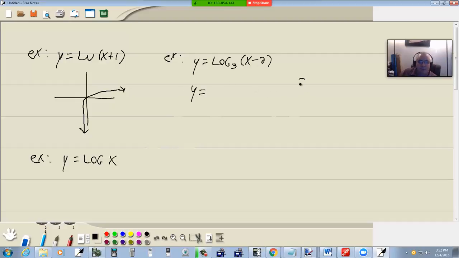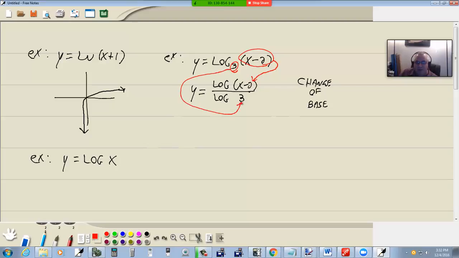What we have to use before we can plug it in our calculator is something called the change of base. And that means we're going to rewrite this as log of something over log of something. And I'll put the x minus 2 up on top, and I'll put the 3 down below. The way it always works is whatever follows your log goes up on top, and whatever your base is always goes in the bottom.